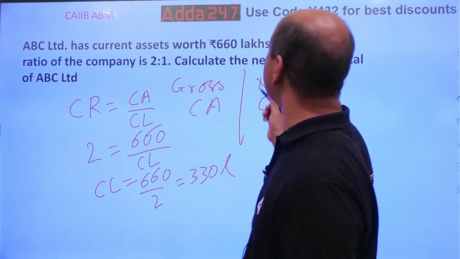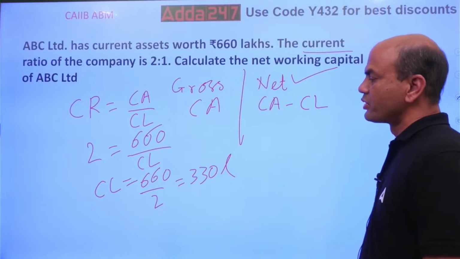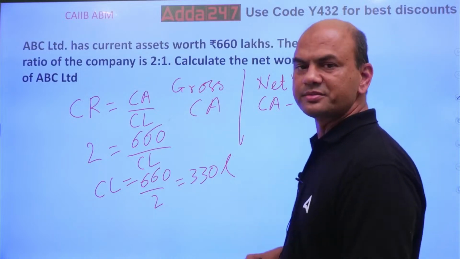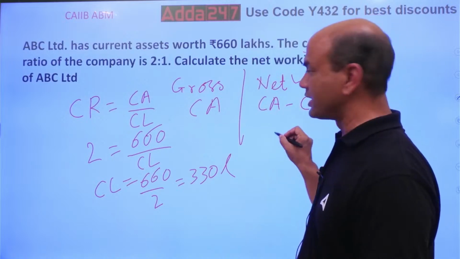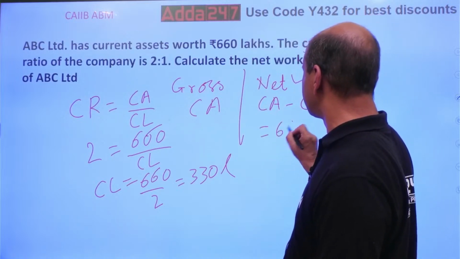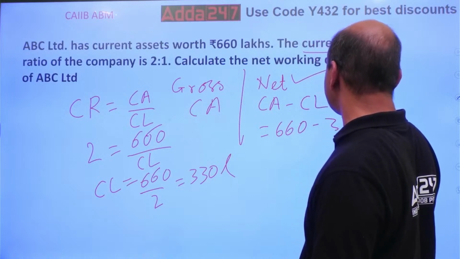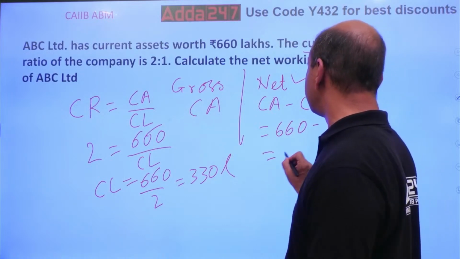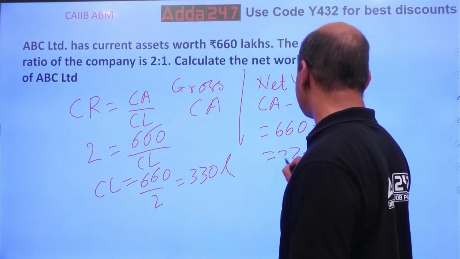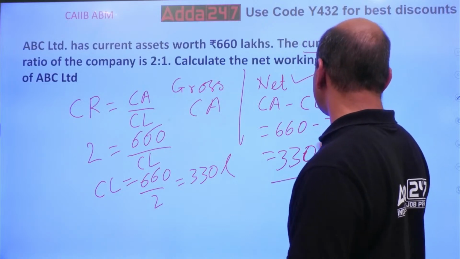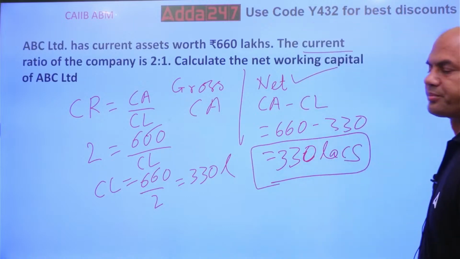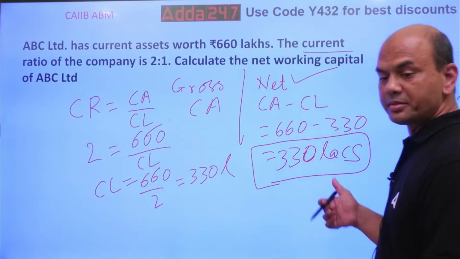Now you have got the current liabilities also. Now current assets minus current liabilities is what is required, so 660 minus 330. The answer will be 330 lakhs. That is your NWC.